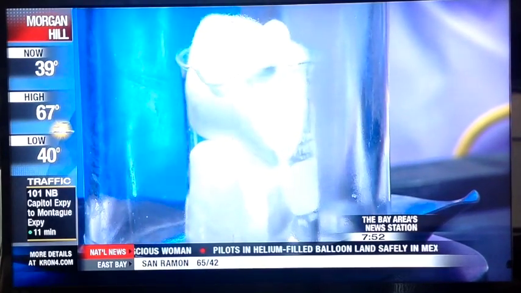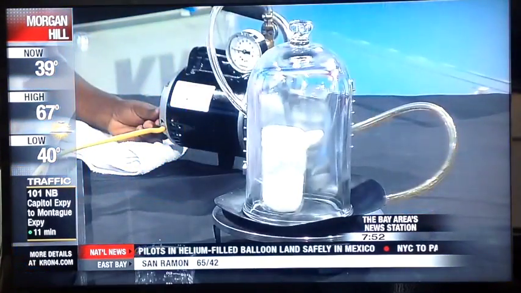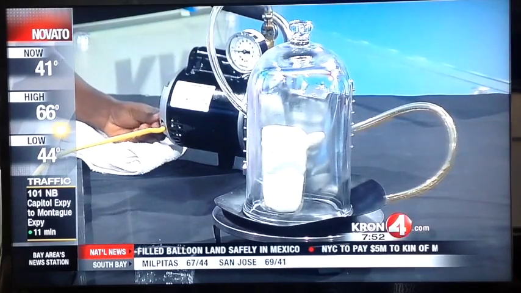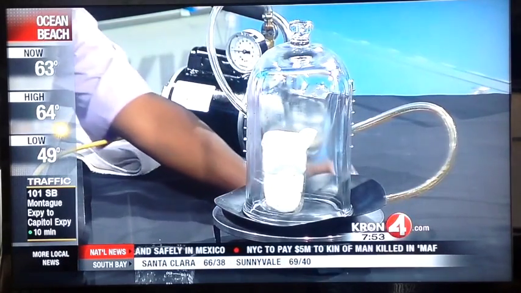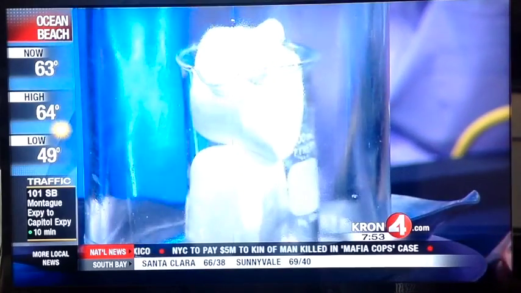Expanding. And what's causing it to do that? Well, what do you think? Based on the observations that we've done before. That's amazing to see that it can expand that quickly.